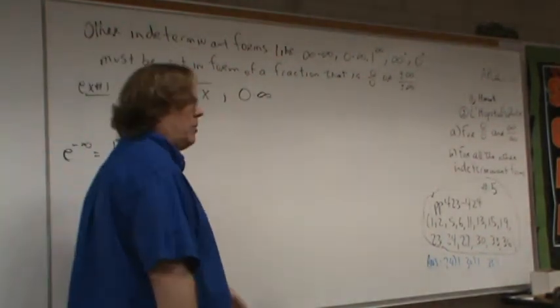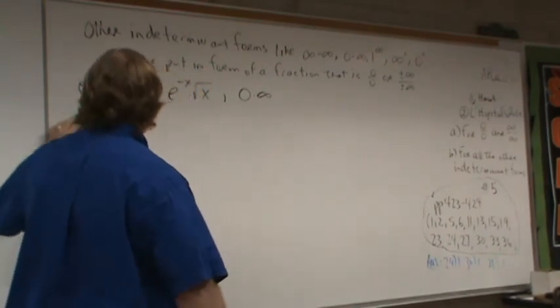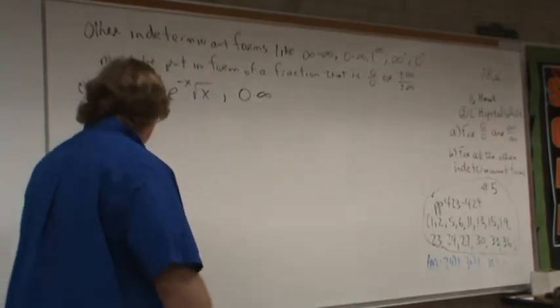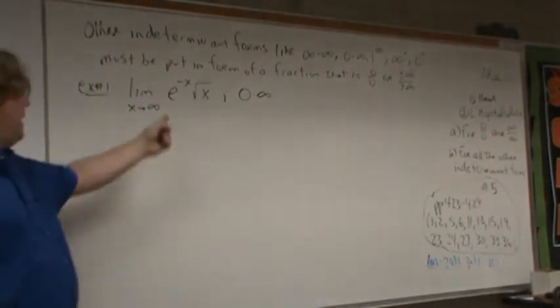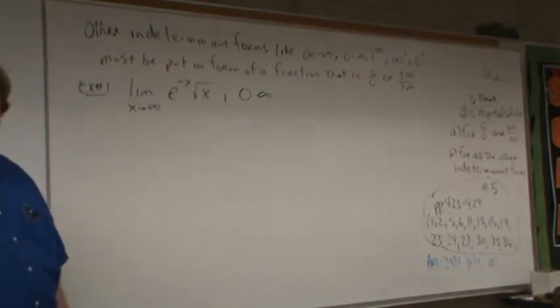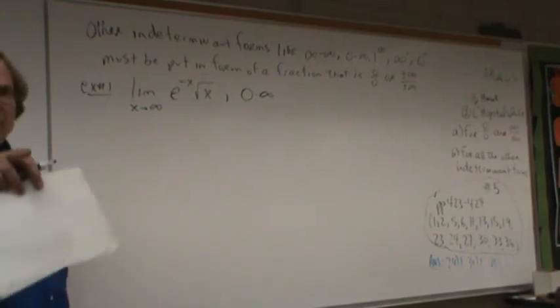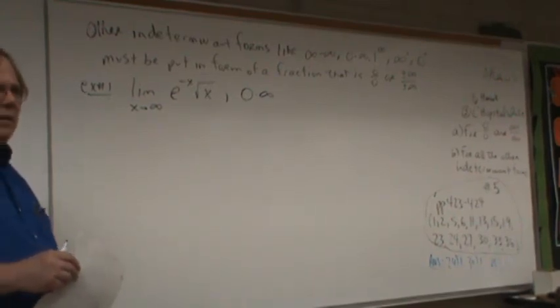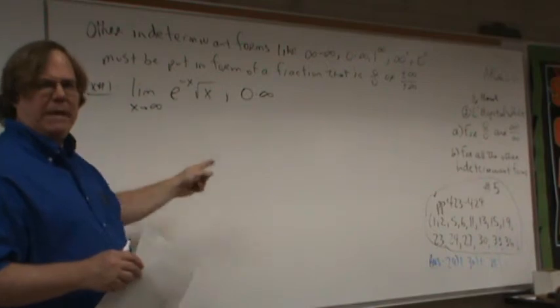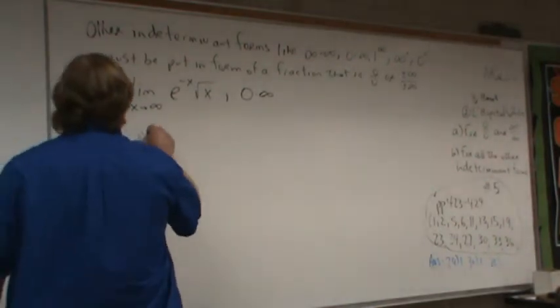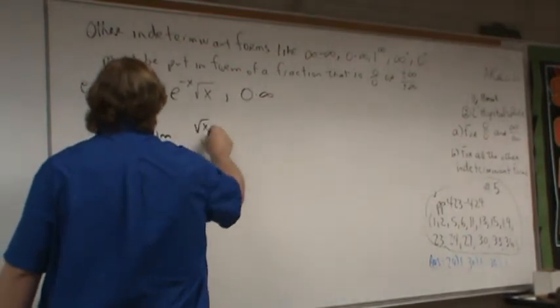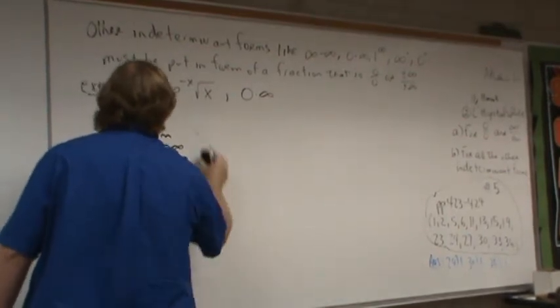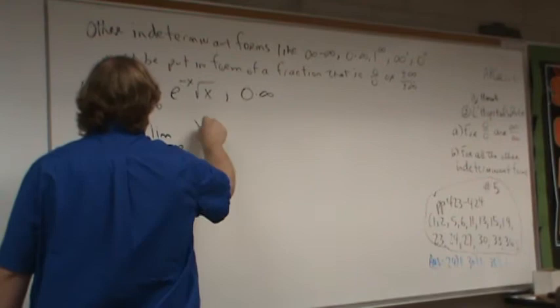So I need to turn this into a fraction. One of these two guys has to go in the denominator. Who are you going to send to the denominator, this guy or that guy? E to the negative x. Yeah, now we're going to do the Andrew thing. E to the negative x, I'm going to make it e to the positive x in the denominator. So now I get rad x, or do you mind if I call it x to the 1/2? Because I'm going to take the derivative of it.